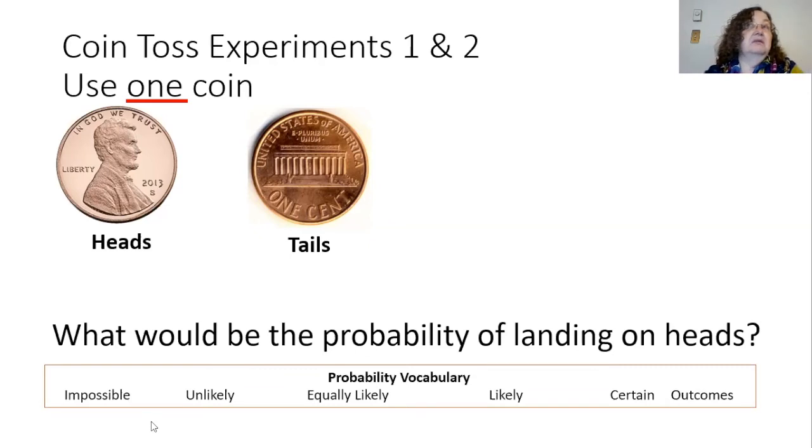I can't land on anything but heads or tails, right? So what would be the probability of landing on heads? Would you say impossible, unlikely, equally likely, likely, certain? What do you think? Equally likely. It would be equally likely to land on a head or a tail.